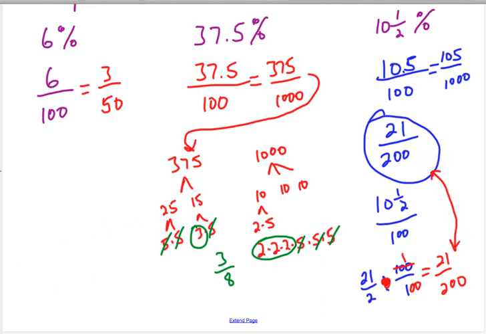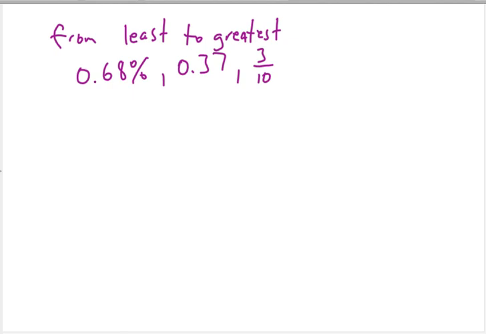And the last example, if we wanted to order these from least to greatest, one thing we should probably do first is to put them in the same form. If we want to put them all in fractions, it'd be easier to compare them. Maybe all in decimals might be easier. So 0.68%, that's a very small percent.